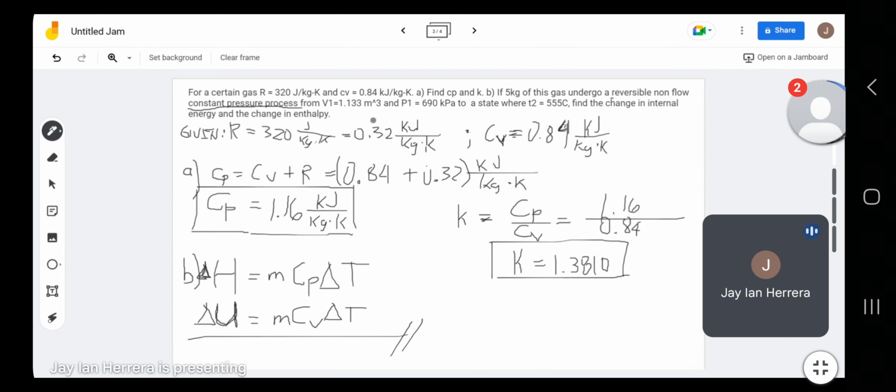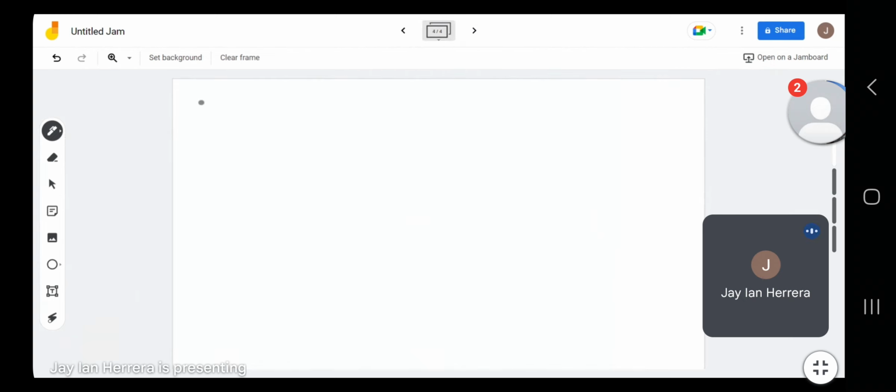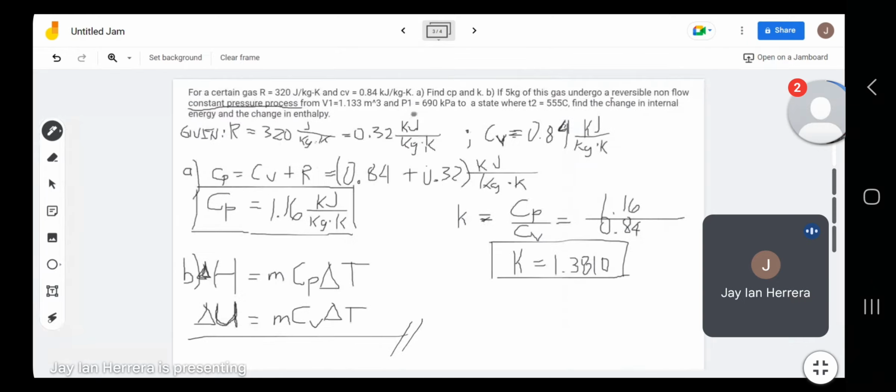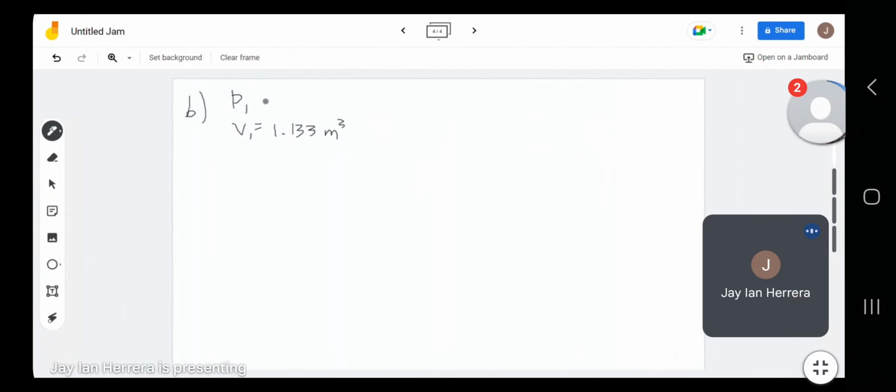Okay. So given tayo ng properties na ito. P1 and V1 are given. V1 is 1.133 cubic meters, P1 natin is 690 kPa.